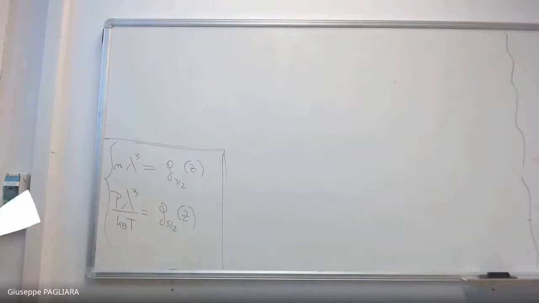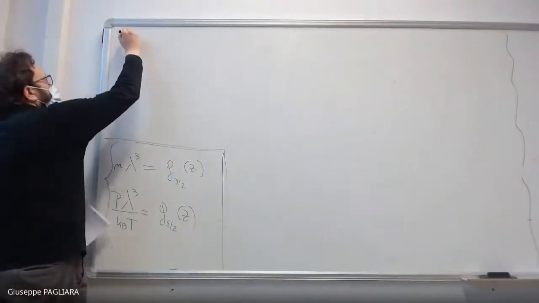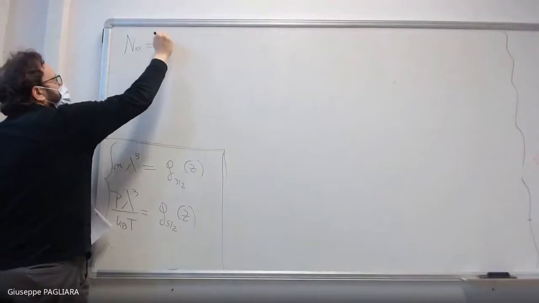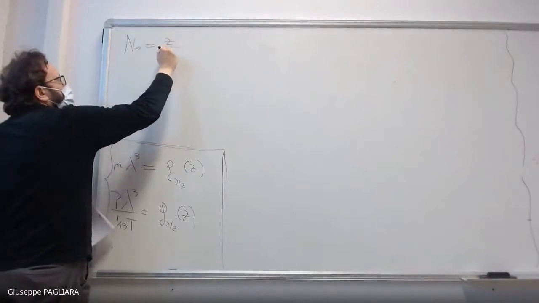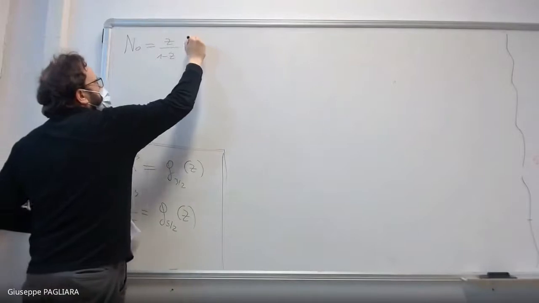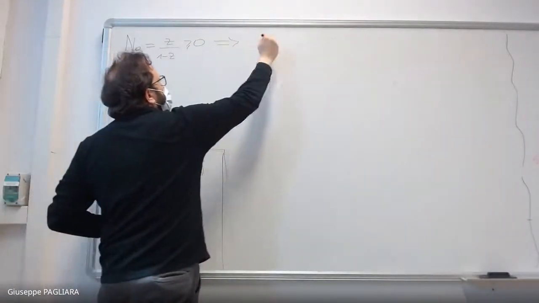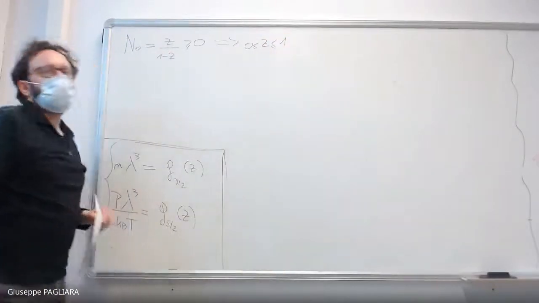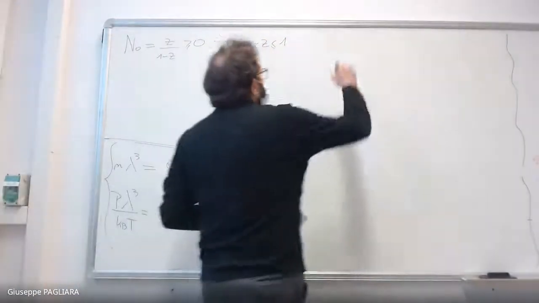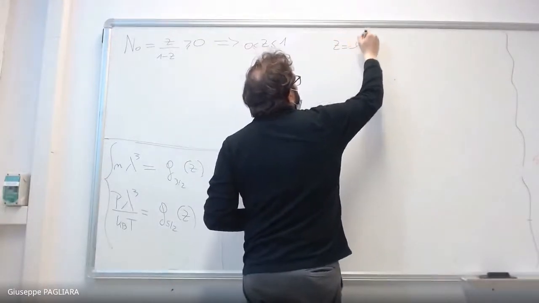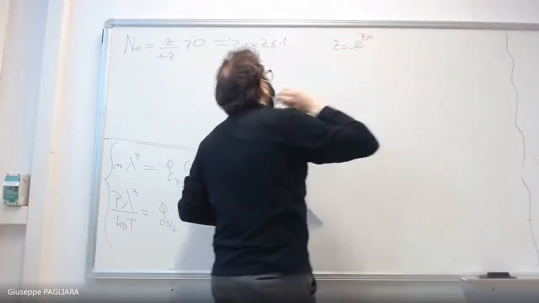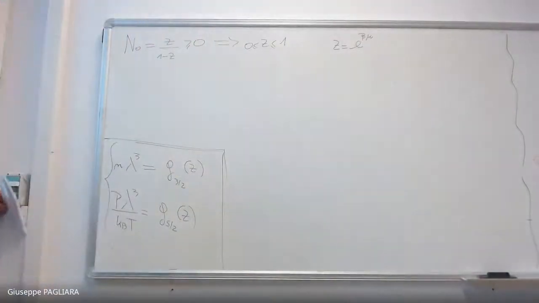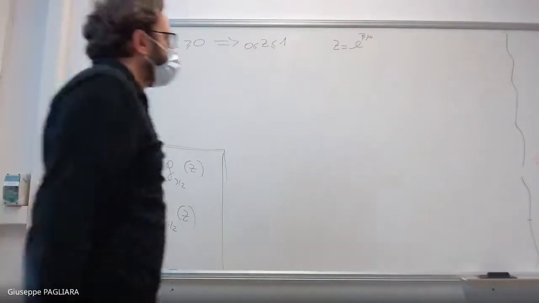So first of all, let me remind you that at some point we wrote that n0 was equal to z divided by 1 minus z. This must be larger than 0, and therefore z is restricted to be in the range from 0 to 1. What is z? z is the exponential of beta mu, and therefore if z is in the range from 0 to 1, that means that mu is negative.